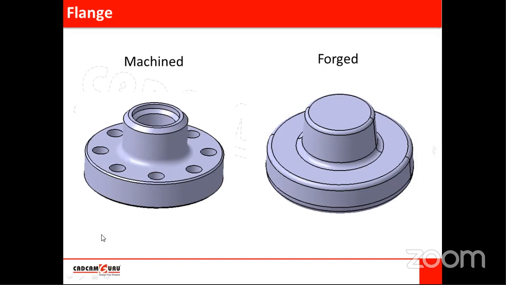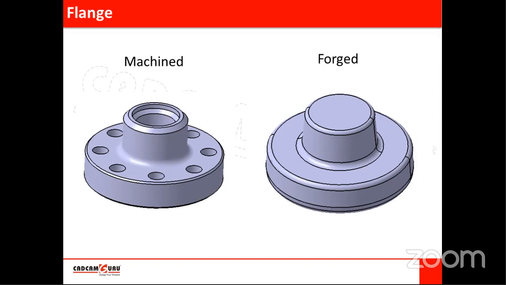Those who know CATIA or Creo or UG or any other 3D modeling software might know that on the left hand side there is a history of any component: how you have created it, how this 3D model is created. We get all the information about the different features used to create this 3D model. We get a list of this in the model tree, or in CATIA it is called the specification tree.